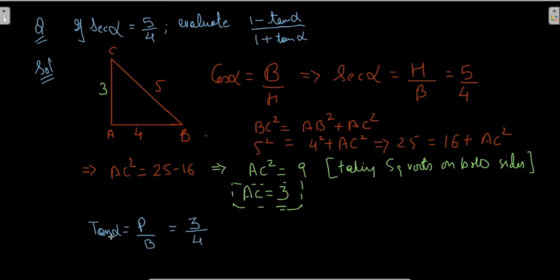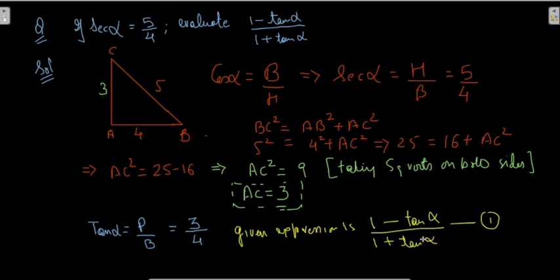So what we have to do is put the value in the expression which we have been given in the question. So what is the expression which we are given? The given expression is 1 minus tangent of alpha divided by 1 plus tangent of alpha. Let's mark it 1.